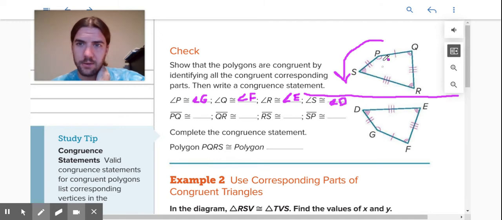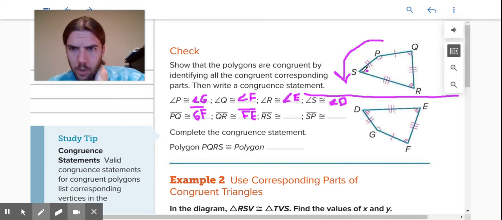Okay, as far as the sides go, PQ is congruent to GF. QR is congruent to FE. Make sure we get all of our correct symbols here. FE. RS is congruent to ED.